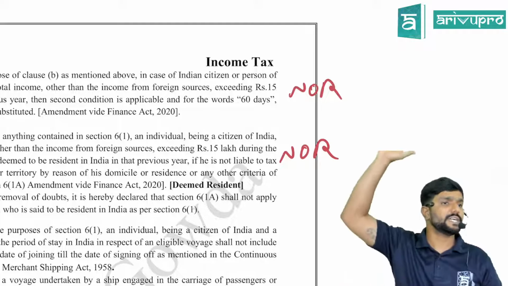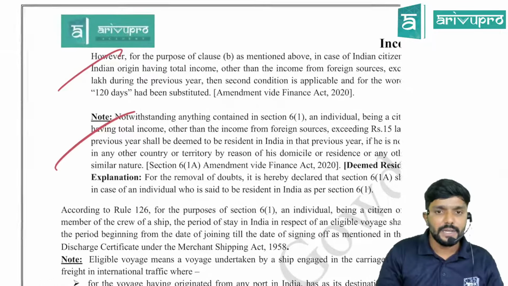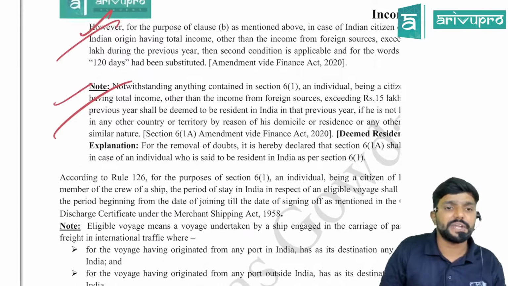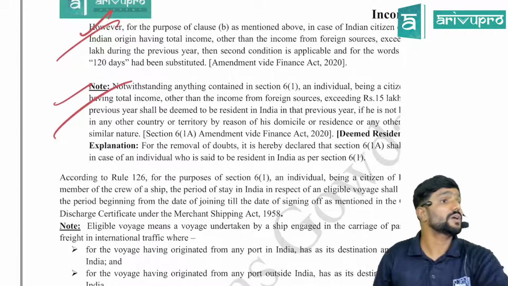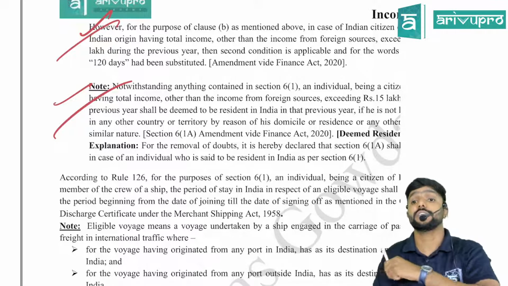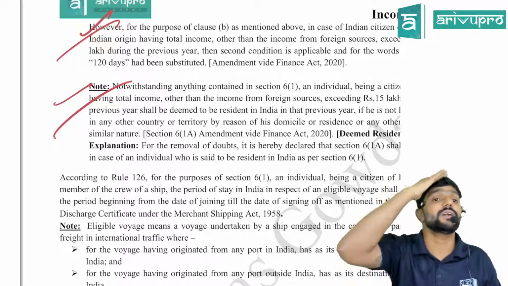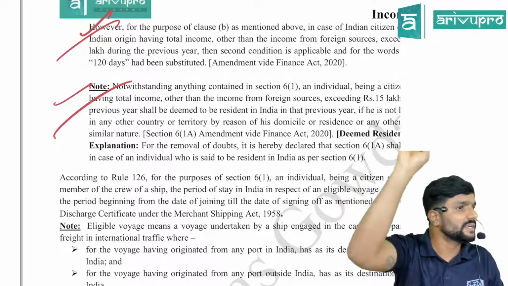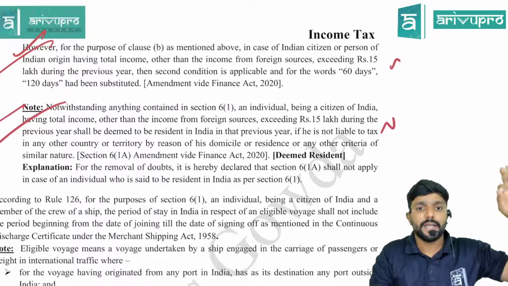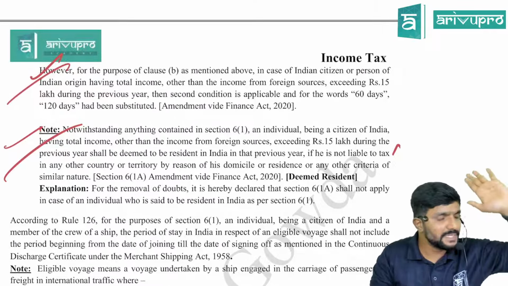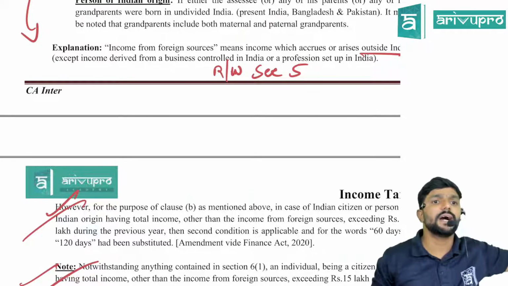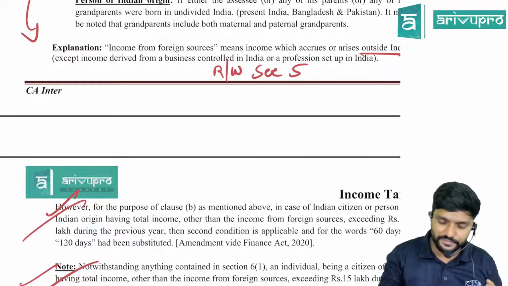If you are a resident as per this however paragraph or as per section 6(1)(a), then straight away you are not ordinary resident. You would have satisfied the condition there, but we are not even checking it. So if you have become a resident, except these 2 points, you have to check additional condition.